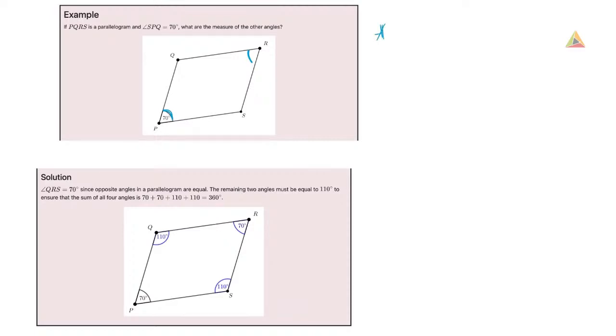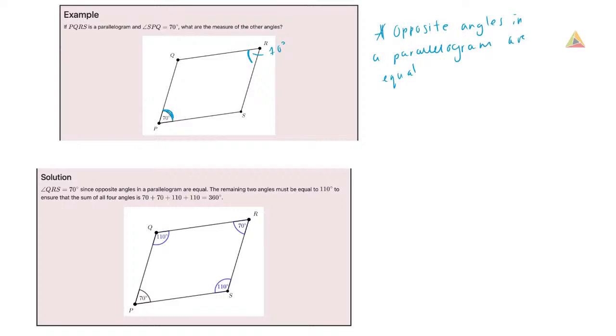I'm just going to write this rule out. So opposite angles in a parallelogram are equal. So what that means is this angle is going to be the same as this angle here, which is also 70 degrees.